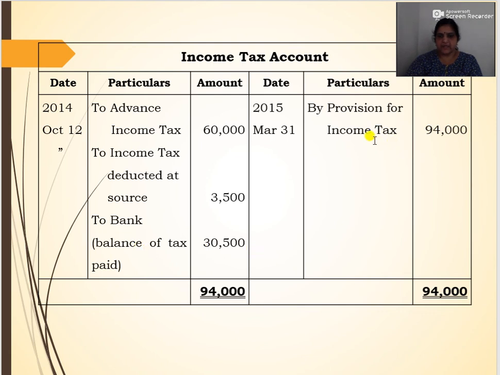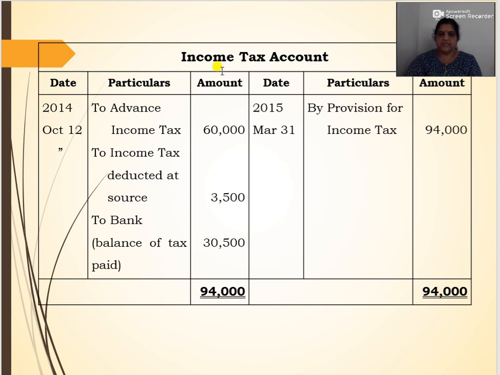So the actual tax comes to 94,000. There is advance payment of tax during the last year which is relating to the current year, 60,000. Then on an income there is one tax, that is income tax deducted at source 3,500, and the balance constitutes the payment to bank, 30,500. So this is the closing balance as per the income tax account, which comes to rupees 30,500.